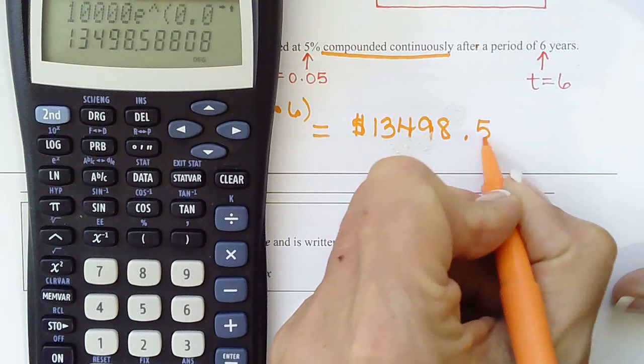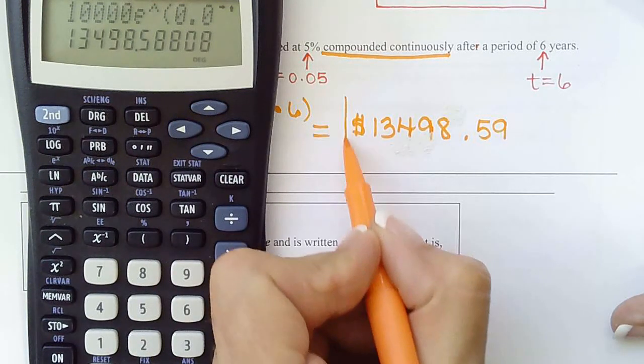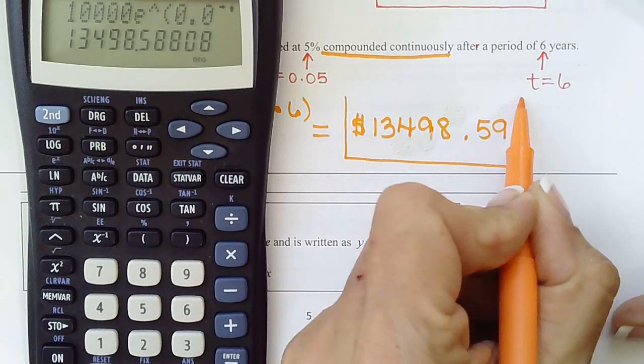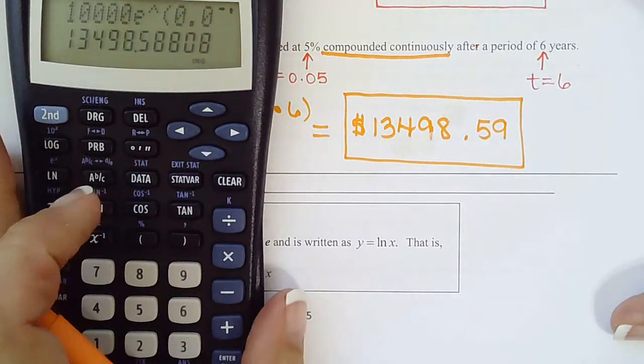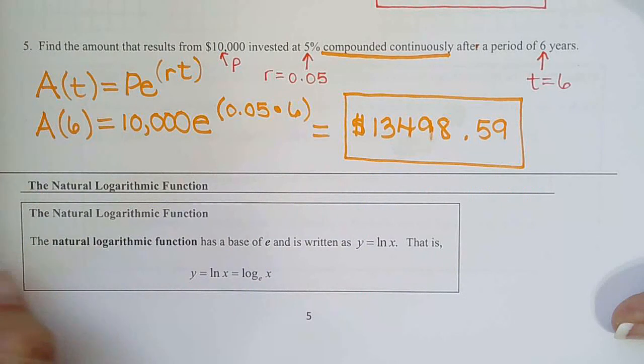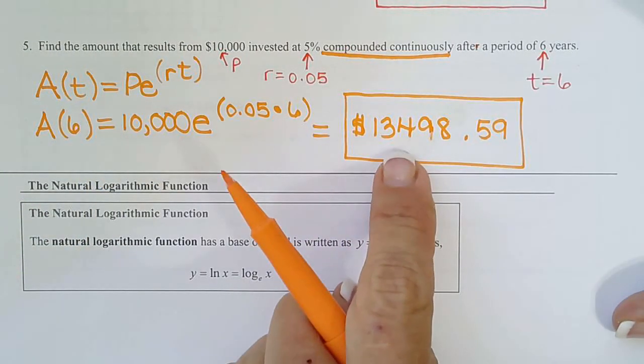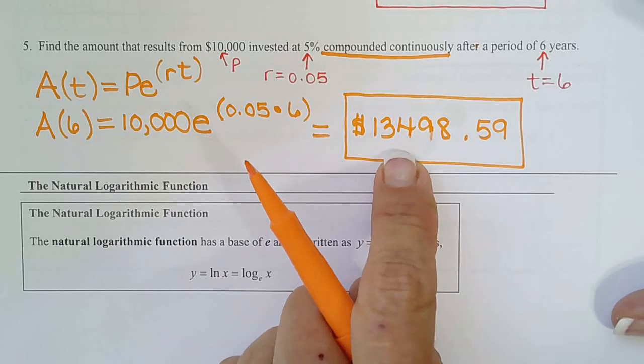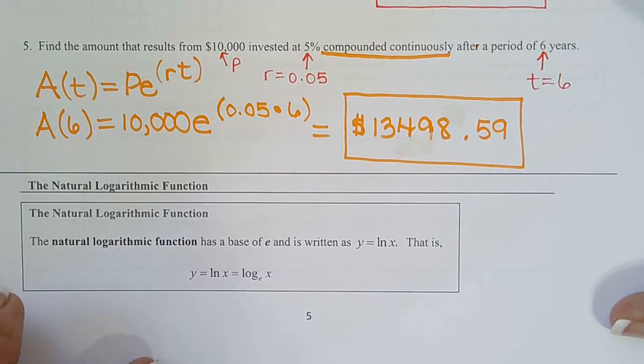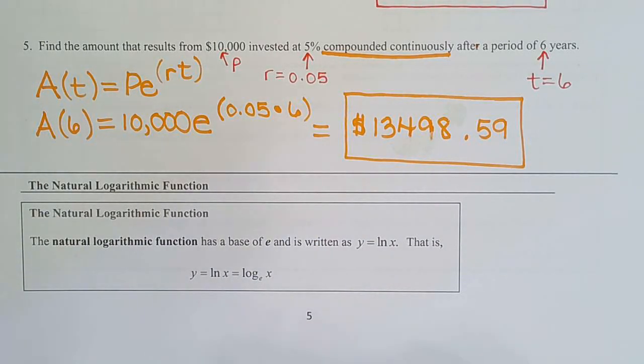So before we walk away, let's just make sure it makes sense. So it was 10,000, 6 years later, about 13,500. Yep, that makes sense. So we are good.